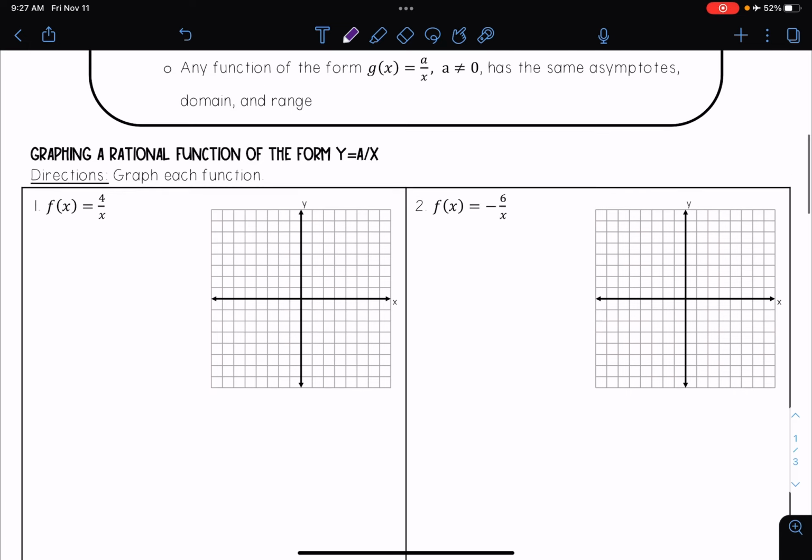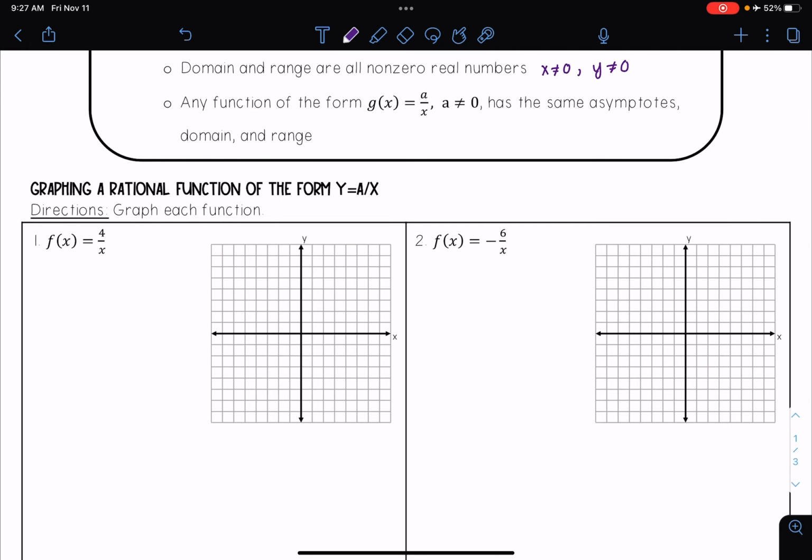Any function of the form a over x, where here a is equal to 4, is going to have asymptotes at x equals 0 and y equals 0. We could draw that on the graph, but that's just our x and y axis.